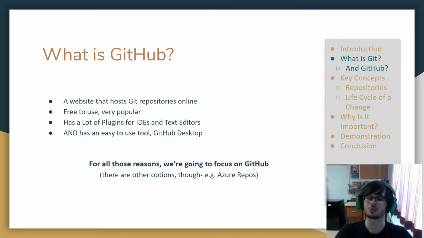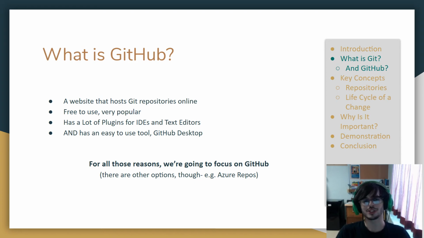So another reason why we're looking at GitHub today. And what we're actually going to be using today is the free standalone tool which GitHub has, GitHub Desktop. This gives you a really easy way to manage Git without having to worry about installing any of the plugins or using the console commands. So that's what we're going to be using today.